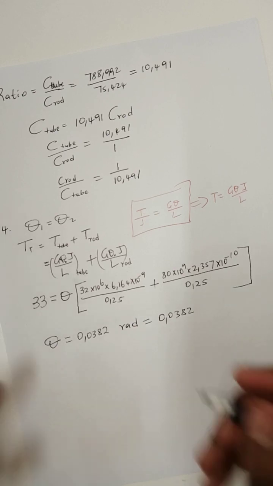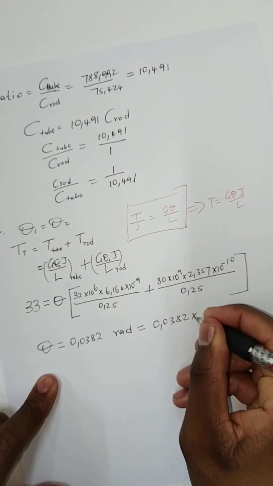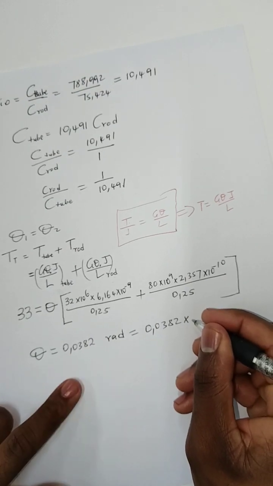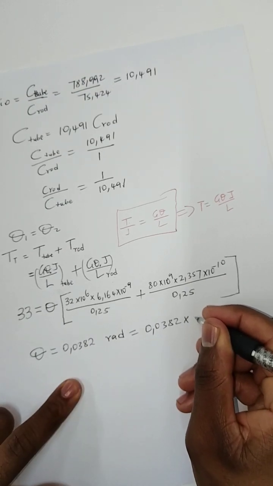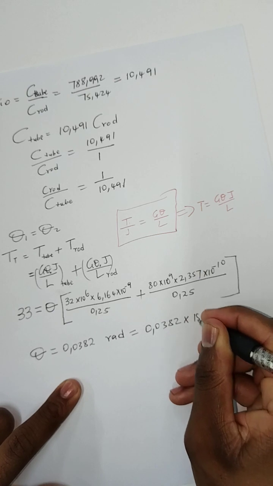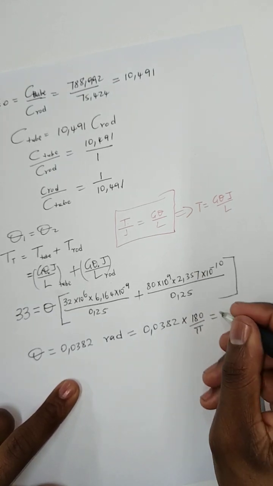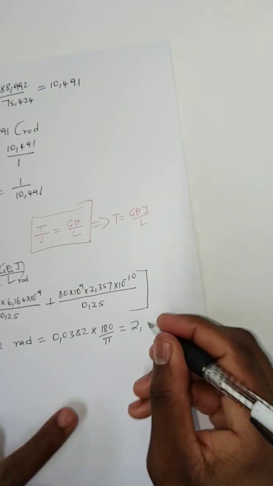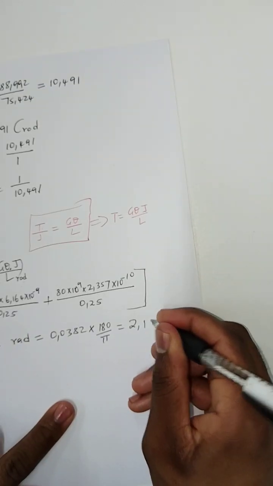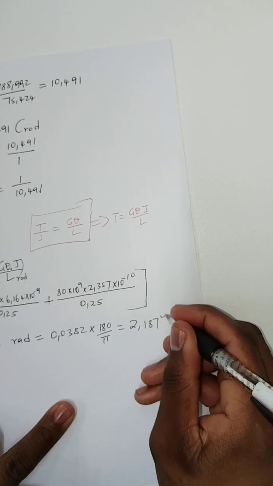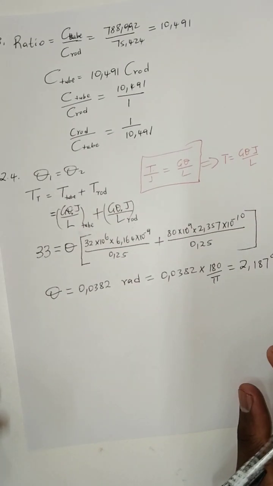Since they didn't specify, you can leave it in radians, but if you want to write it in degrees, you multiply by 57.3 or by 180 over pi. Then you will get 2.187 degrees.